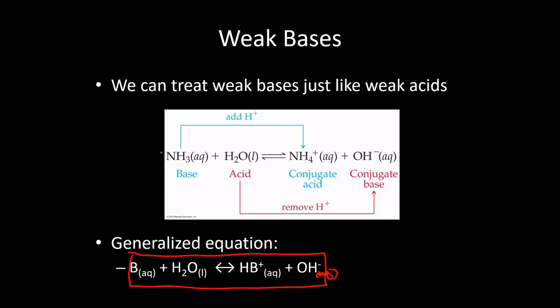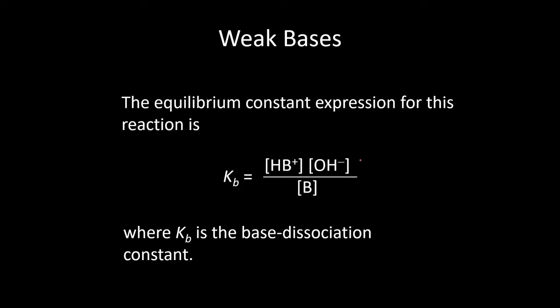So we have an example of that here, where we have a weak base, which would be ammonia in this case, and it reacts with water to produce the conjugate acid ammonium, and OH minus. Like I said, the equilibrium expression is practically identical to that for the acid. We're just going to plug in base stuff instead of acid stuff.